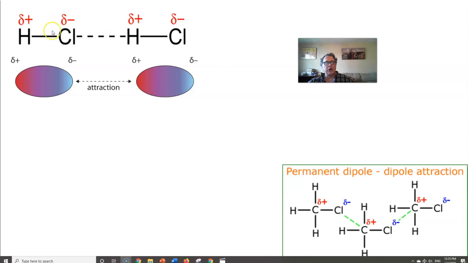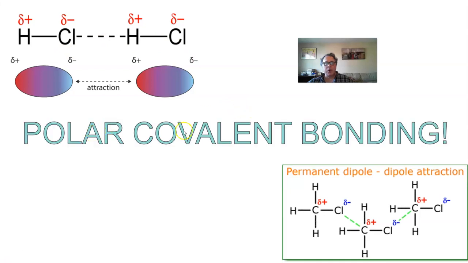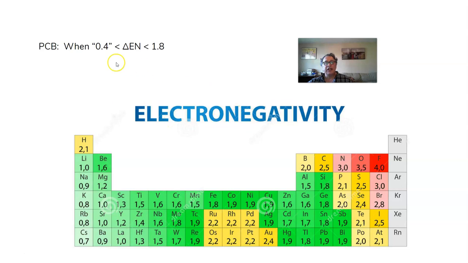Now, what causes this charge separation to allow this picture is, of course, polar covalent bonding. And what causes polar covalent bonding? Remember? That's right, electronegativity. Differences in electronegativity of, say, between 1.8 and 0.4, and this can vary depending on which textbook you access, but this is the approximate range where the difference in electronegativity between two atoms A and B is in this range, which means that the electrons are not equally shared between both atoms.